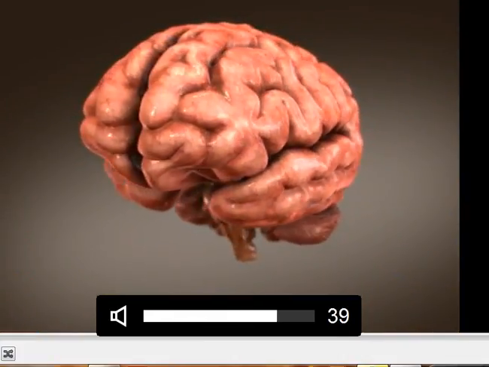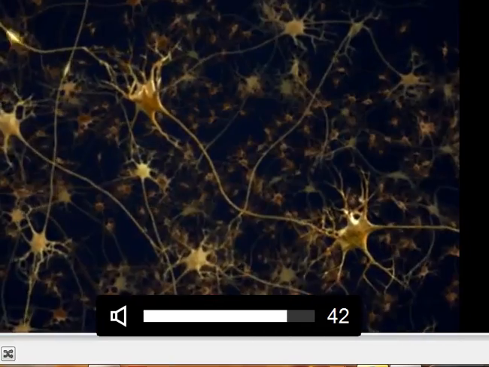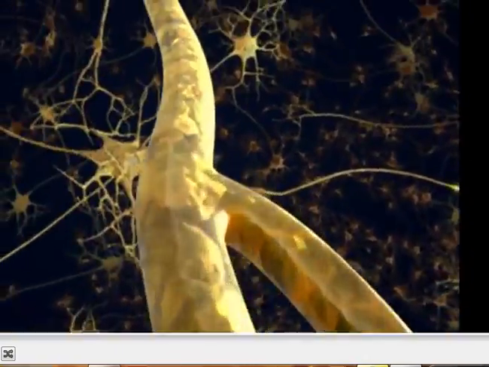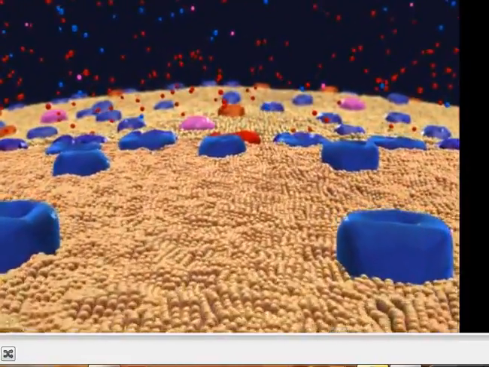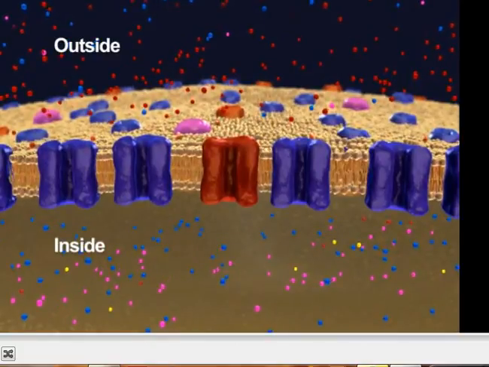Oh, come on. The human brain alone contains about 100 billion nerve cells called neurons. A neuron, like every other cell, has positively and negatively charged ions inside and outside.